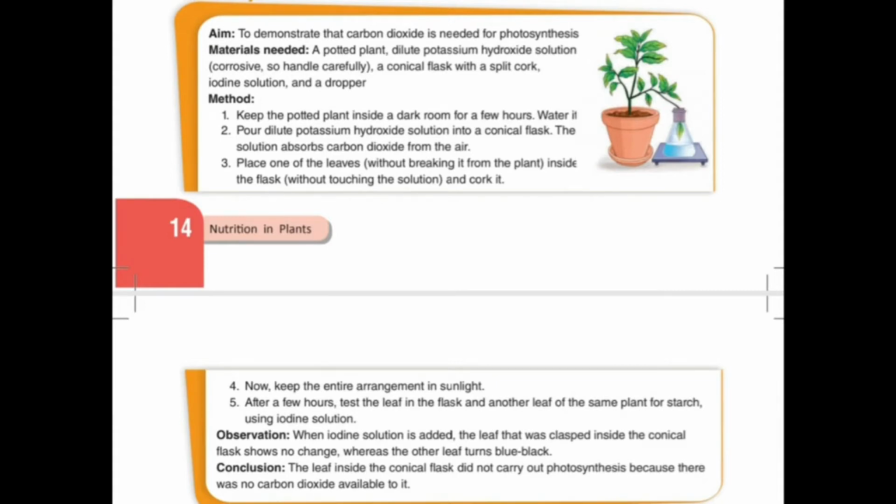One is potassium hydroxide and another one is iodine solution. What are they used for? Just go through the ebook that was mailed to you. The potassium hydroxide is used for absorbing the carbon dioxide from the atmosphere, whereas iodine solution is used to test the presence of starch in the leaf.